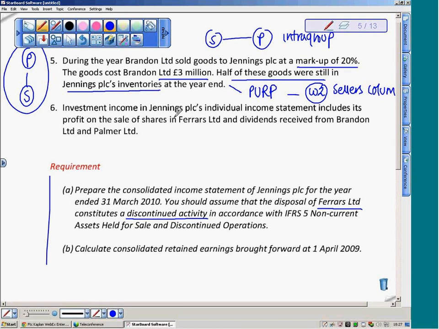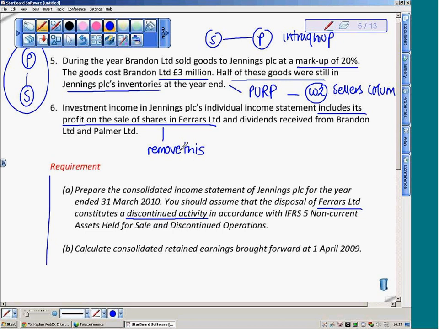Next tells us that investment income in Jennings PLC's individual income statement includes its profit from the sale of shares in Forest Limited. So what we want to do is remove this, because instead we're going to be calculating a profit or loss on disposal from a group perspective. Okay.